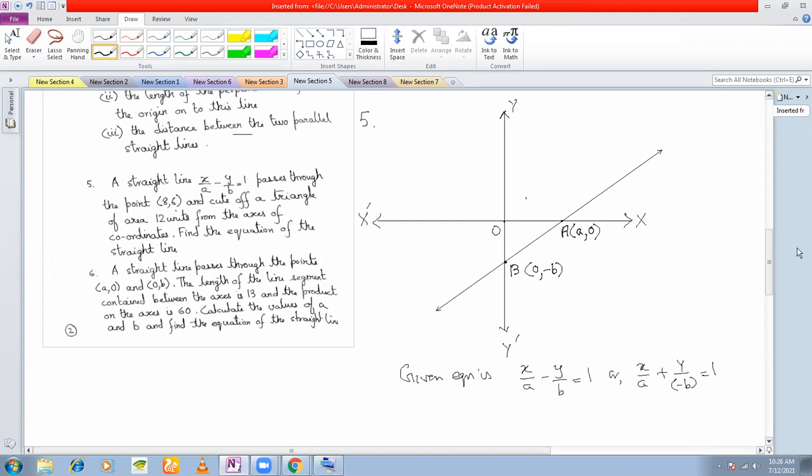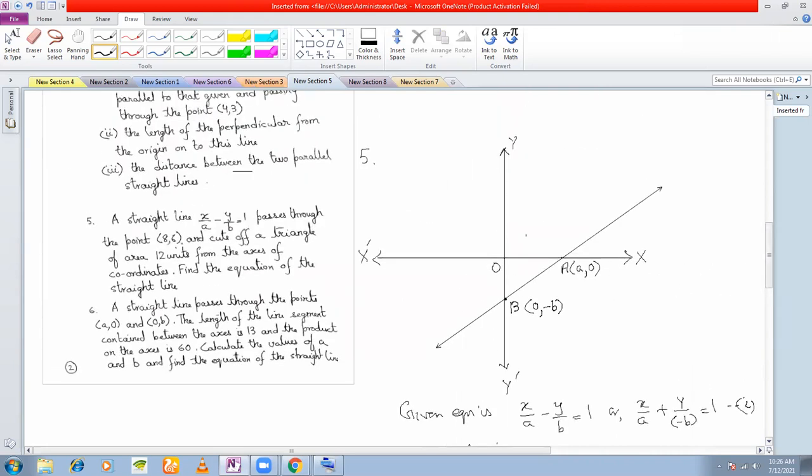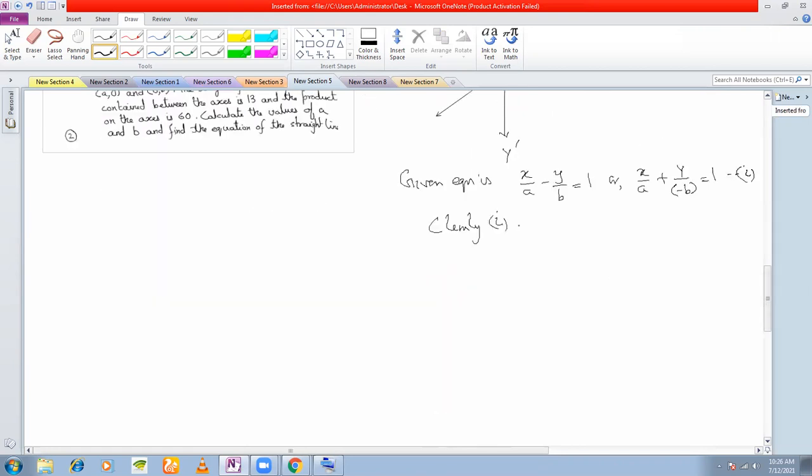Okay, now see this straight line. Let us call this 1. Clearly 1 passes through (8, 6), right? It is given here. So clearly 1 passes through (8, 6).